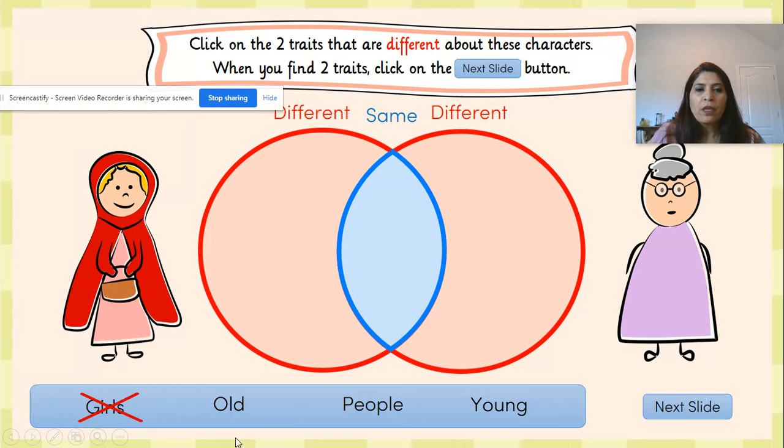Oops, no. Let's go back and look at the question again. It says, click on the two traits that are different about these characters. Old and young. There you go. So that's the old and she's young. Now, girls is the same because both of them are girls. We were looking at things that are different, not the same.